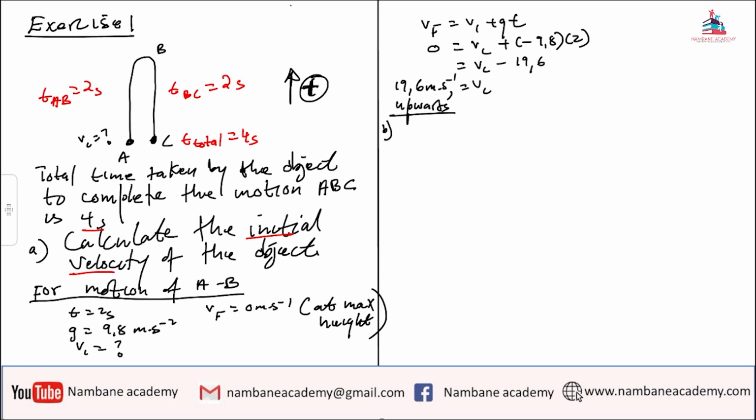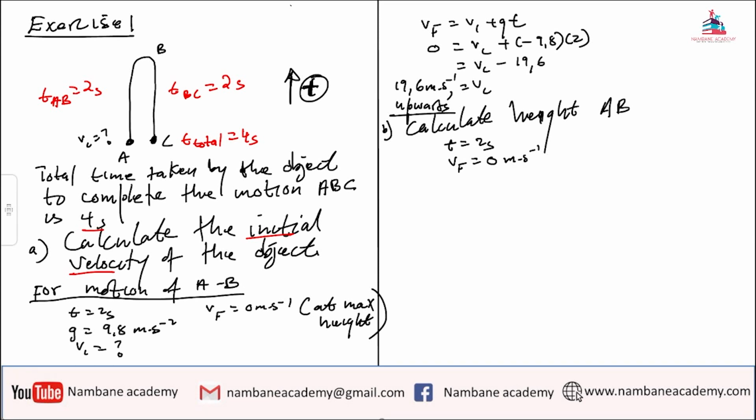At B, the examiner now says calculate height AB. Where do we start, Mr. Ditave? Do we write down the variables? Variables. T is given, 2 seconds. V final is equals to 0 meters per second.